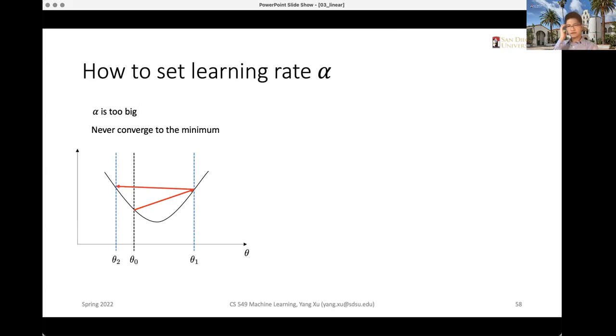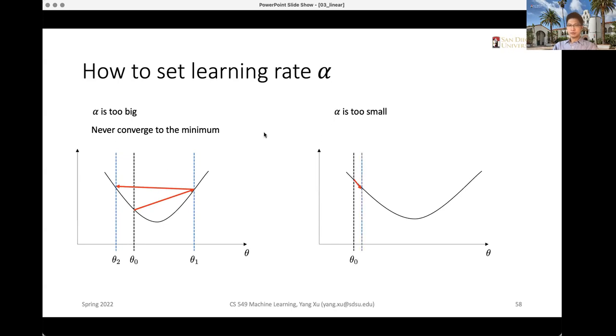So this kind of algorithm will never converge to the minimum. On the other hand, if alpha is simply too small, then the algorithm will be very inefficient. It takes too many iterations to reach the minimal point.